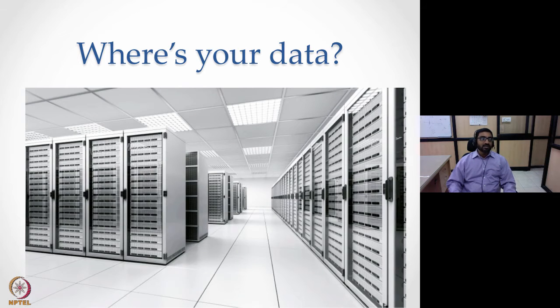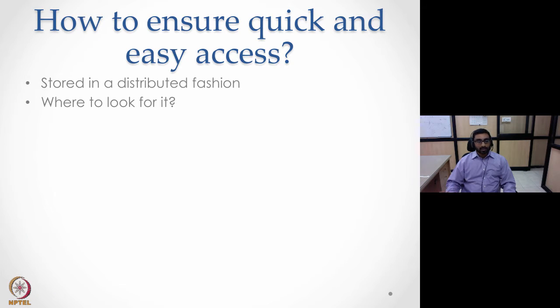It essentially means that there is some large data center somewhere with lots and lots of servers, and your data is stored in one or a few of the servers in this large data center. And when you need to access your data, you need to have access to this data center.